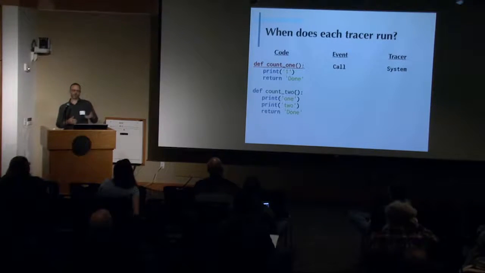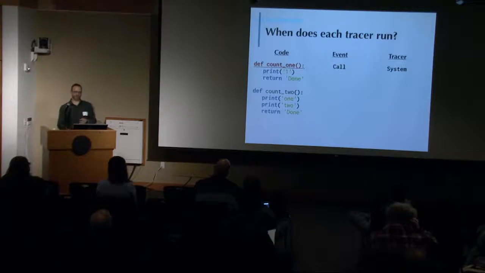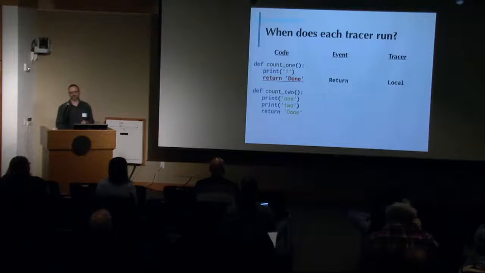Well, when the count1 function is first called, that is a call event, and so the system tracer is going to run. It's going to return a function, the local tracer, that's going to get stored on the frame. And then for each subsequent event, the line event and the return event, it's that local tracing function that's going to run.